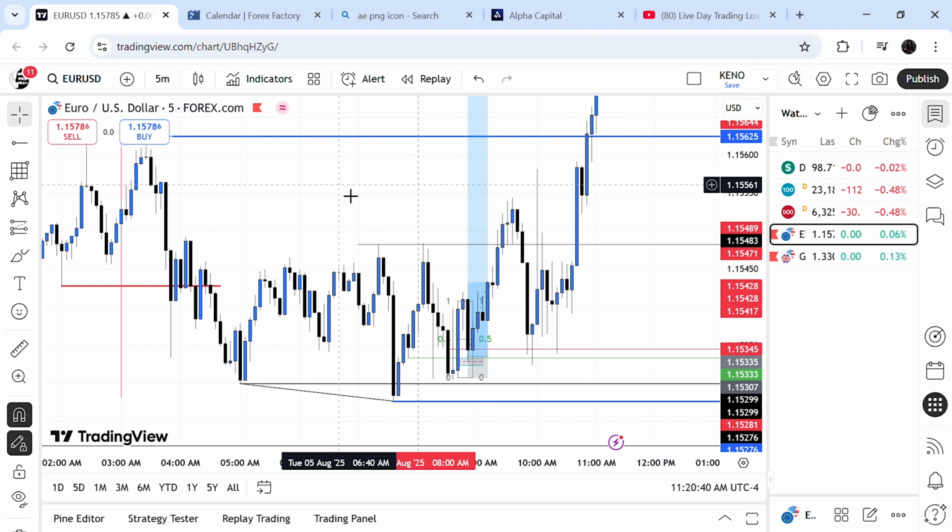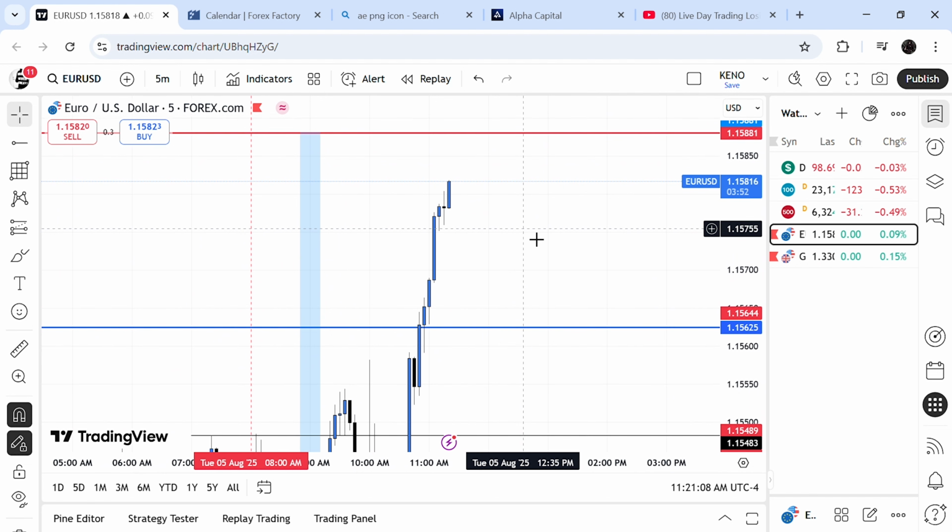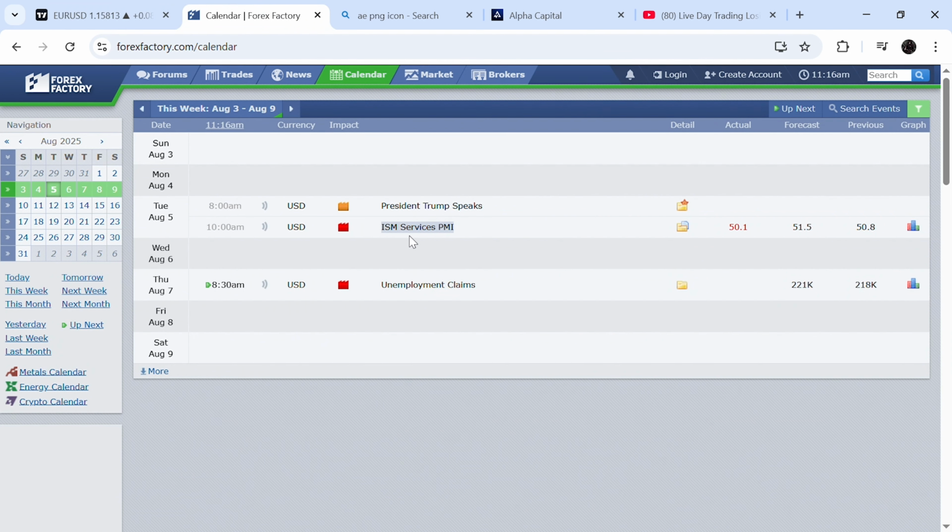Because this trading game, it's a life-changing game. It actually improves your psychology. It makes you a better person. It's a life-changing career, and the sooner you realize that, the better it will be. So I'm gonna try my best to punish myself today for breaking my rules, and I'm gonna try to come back fresh tomorrow, guys, and post another video tomorrow because tomorrow looks good. Tomorrow is Wednesday with no news.